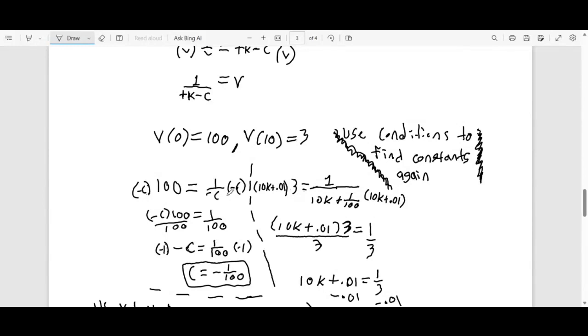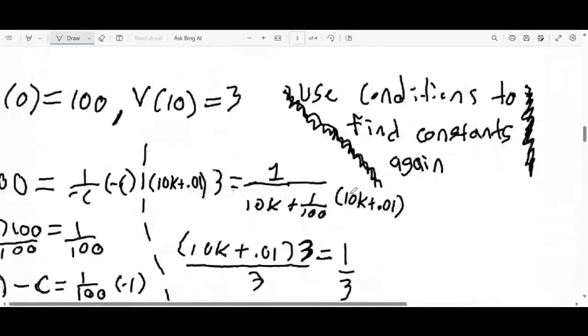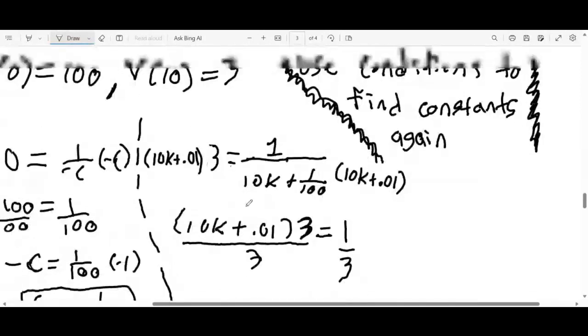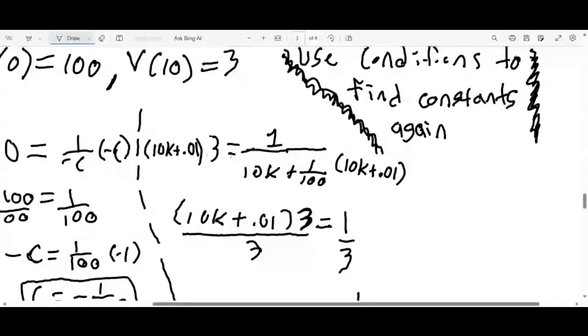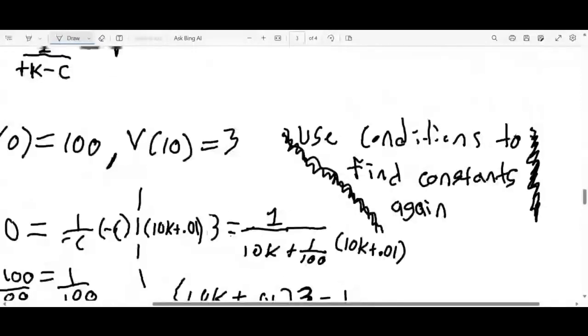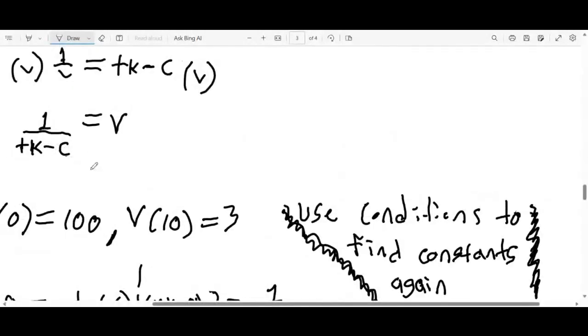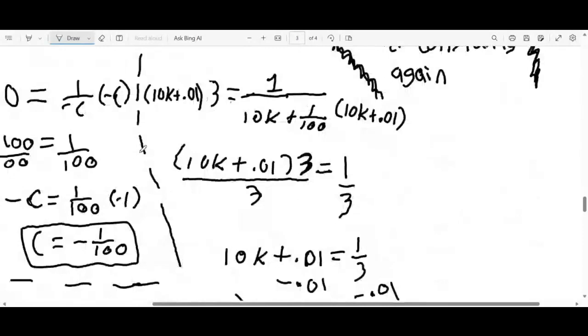I set the velocity function with respect to velocity at 10 seconds. So it's 10 right here multiplied by k, and then you have the 0.01 as Professor Chen said, and it becomes a positive because in our original function the constant has a negative right next to it. Multiply by 10k plus 0.01 on both sides.